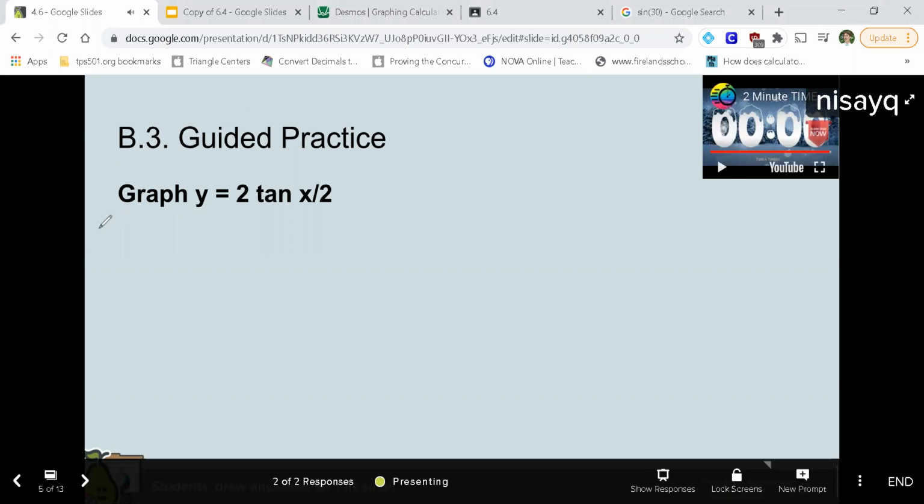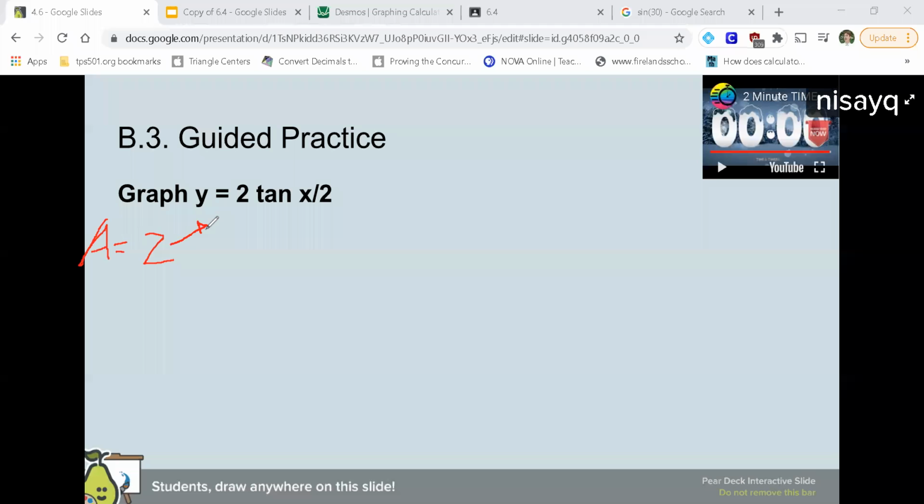So our A value is 2. And again, that tells me 2 things. It tells me that my value of -1 is now going to be -2. And my value of +1 is now going to be 2. And because it's positive, I am not reflecting over the x-axis.